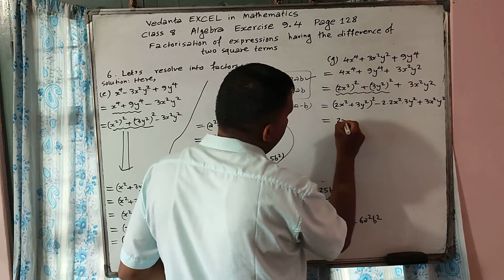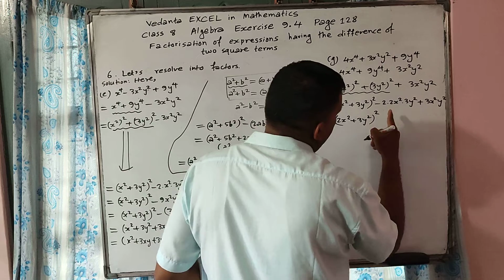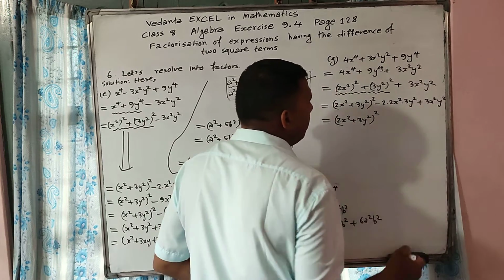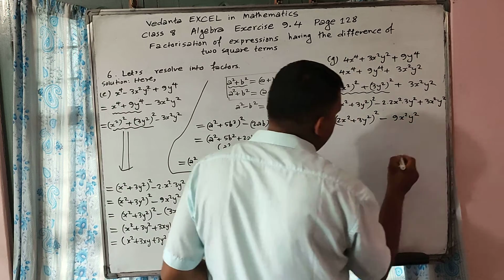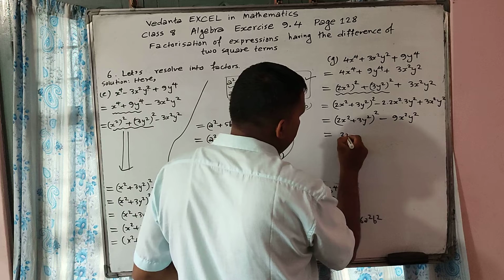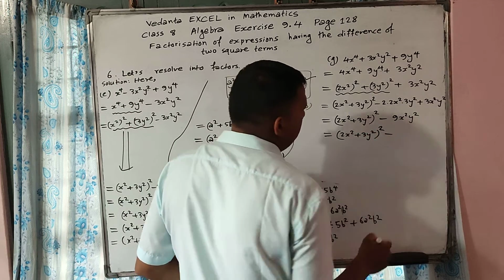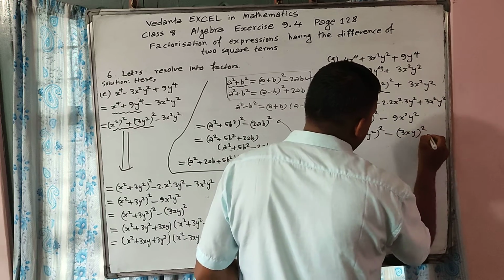Now 2 times 4 is 8, times 3 is 12, minus 12 plus 3, remaining minus 9, so minus 9x square y square. This equals (2x square plus 3y square) whole square minus 9x square y square, that is (3xy) whole square.